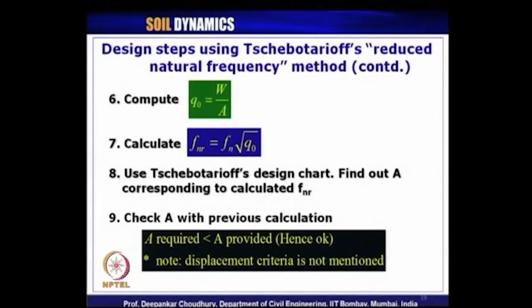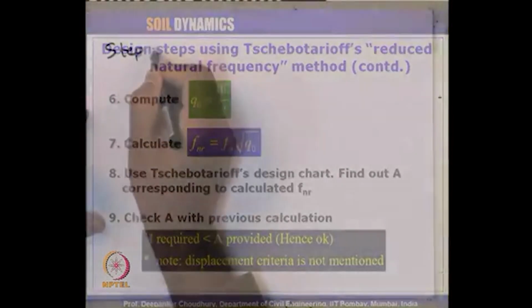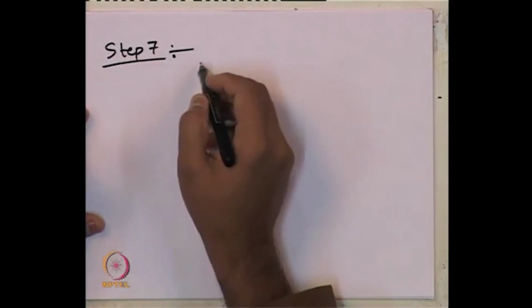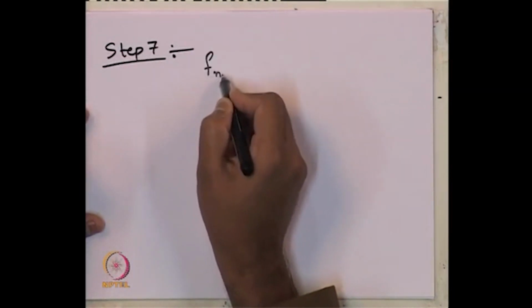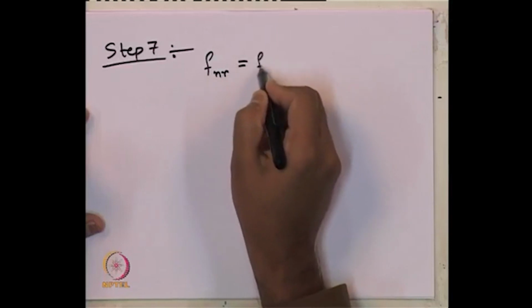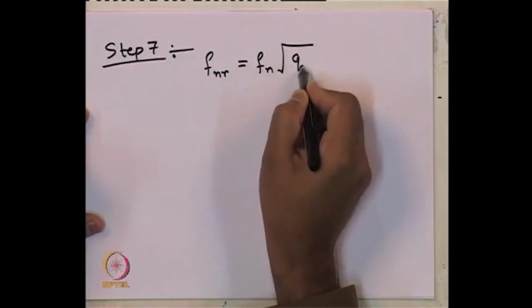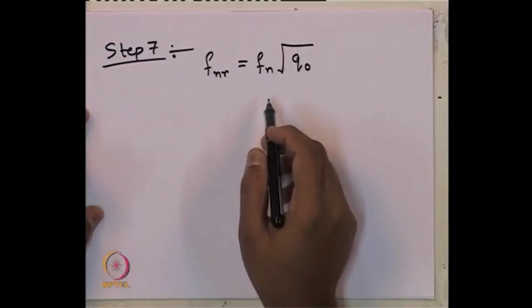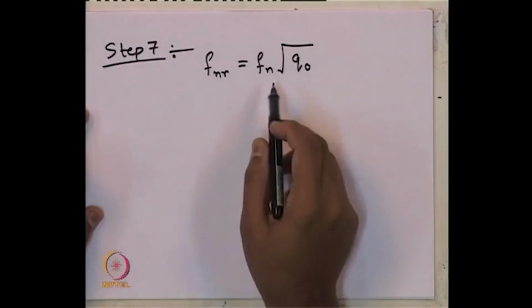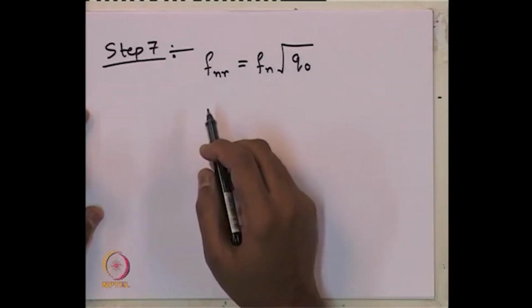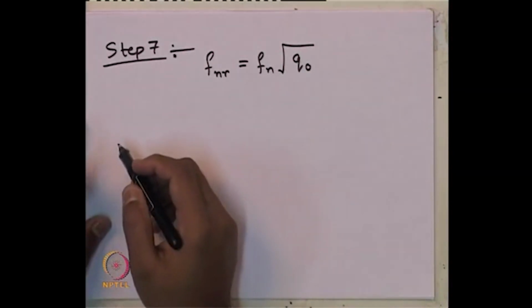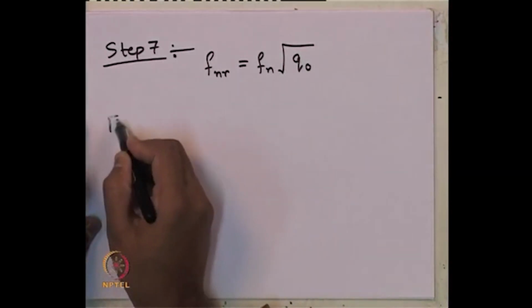Let us move to the next step, that is step 7. It says, let us calculate FNR, which is Fn times root of Q naught. So, this is the formula given by Tschebotarioff's reduced natural frequency method, which we are using here. Now, we have two cases here.